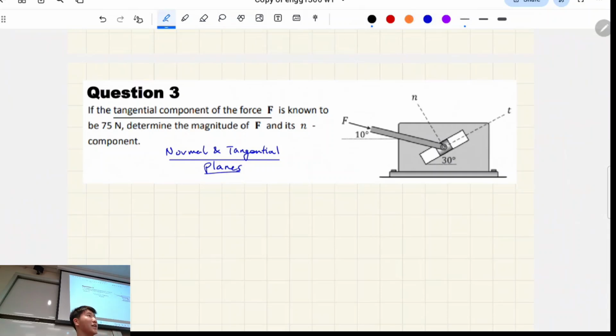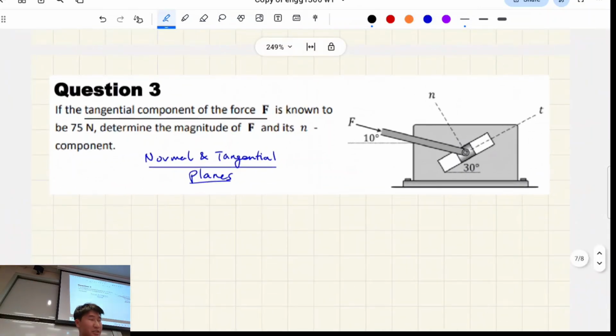But everything's at a weird angle, and sometimes you'll find it advantageous to find the sum of the forces not in x and y, but in the normal and tangential planes. The normal and tangential planes are always orthogonal, at 90 degrees from each other.